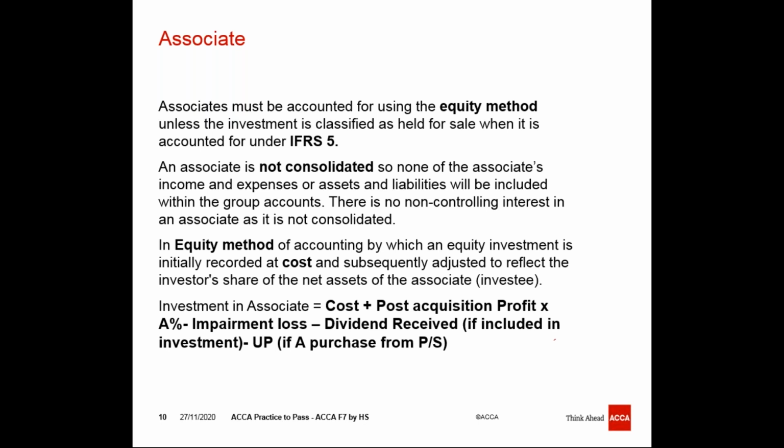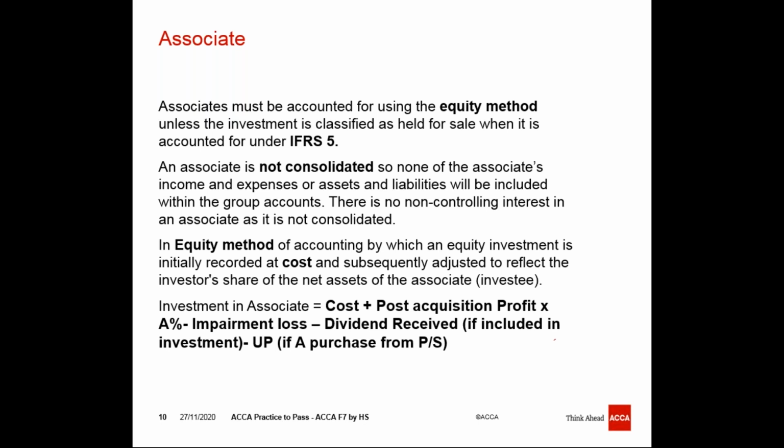All associates should be accounted for under the equity method. The basic presumption is that if you have 20% to 50% shares and you have got significant influence, then it means that it is your associate company. So the most important point is significant influence rather than the percentage.